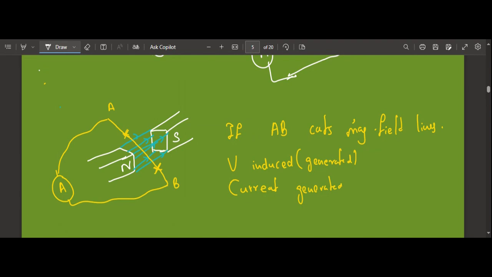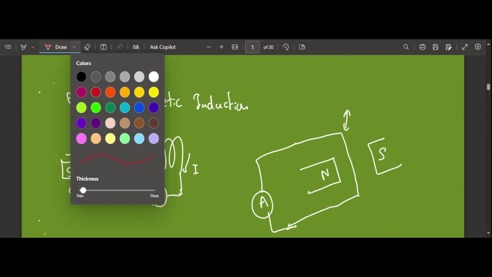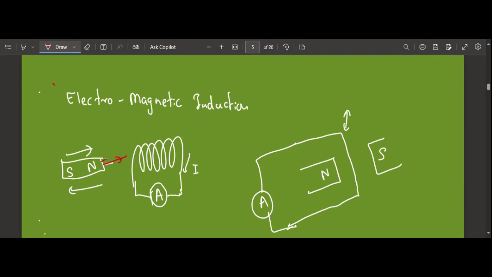The same thing happens in this coil as well. We know there will be magnetic field lines around this coil, starting from the north pole and going towards the south pole like this. So when the magnet is moved towards or away, a current will be generated in this coil.